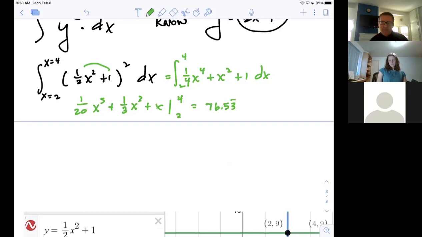I didn't convert this to a fraction. Maybe I should. If the book asked me for an exact answer, I could just go back in and go math and convert this to a fraction, and I got 1148/15. Let's change colors. Now I go back in and reevaluate this at 2. Where did you go?